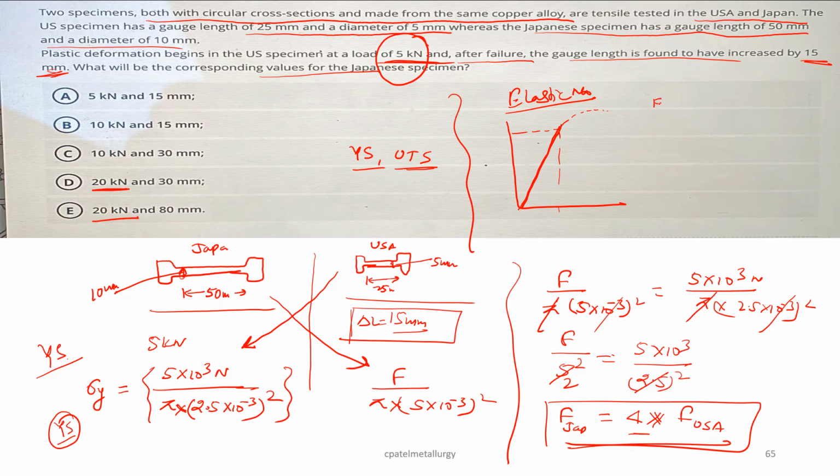So E in the first case, USA, will be sigma YS divided by the strain. The strain in the case of USA is the total elongation, 15, divided by the initial length, which is 25. So E is sigma YS divided by this strain.